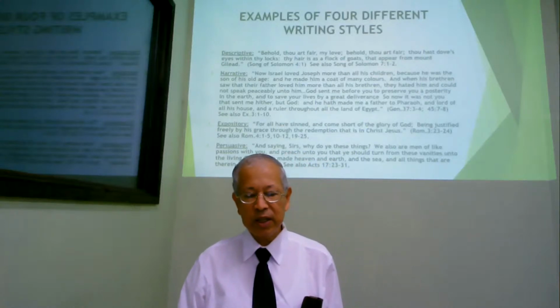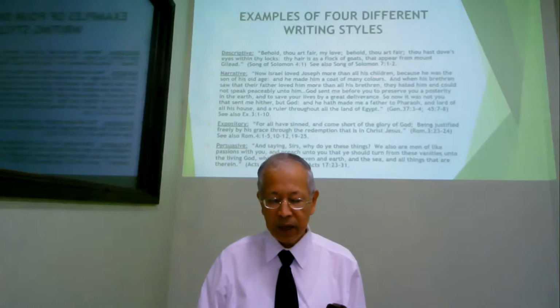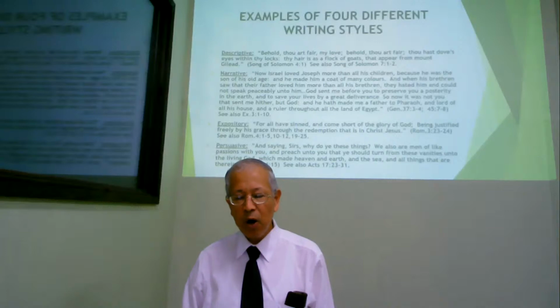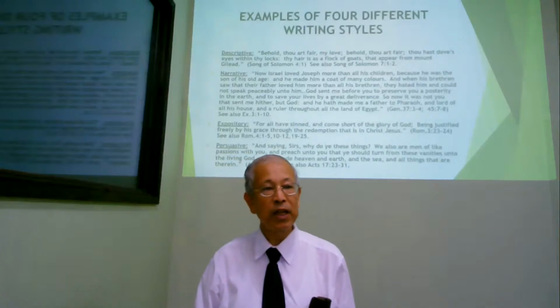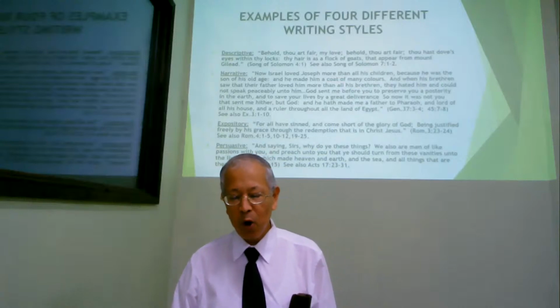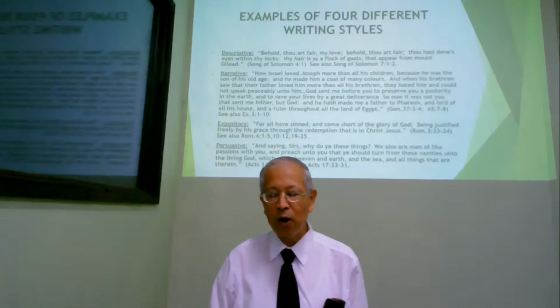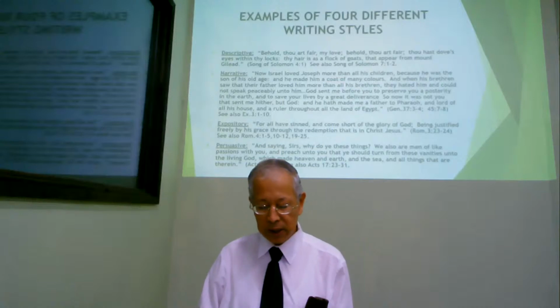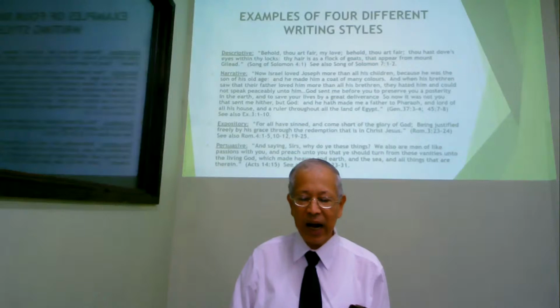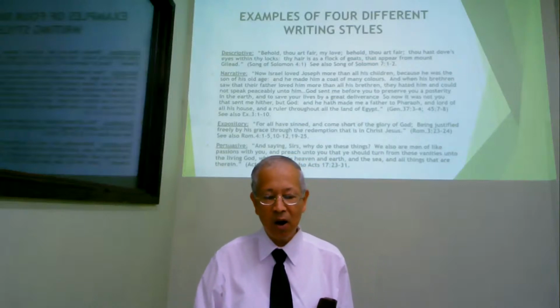And this is what he said to one of them in the King James Version. Behold, thou art fair, my love. That's Old English. Fair means to be beautiful. Behold, thou art fair, my love. Behold, thou art fair. Thou hast dove's eyes within thy locks.